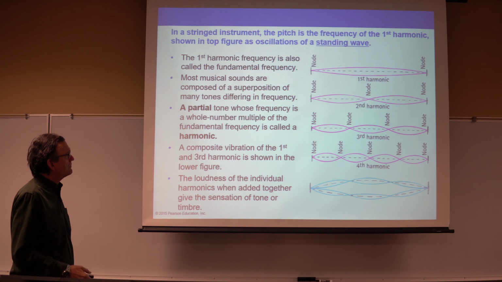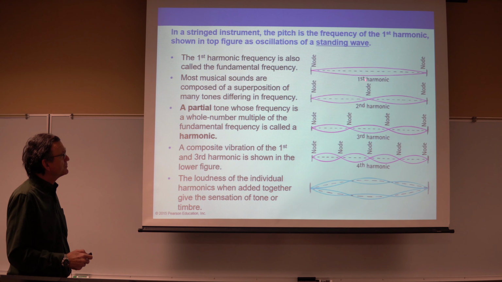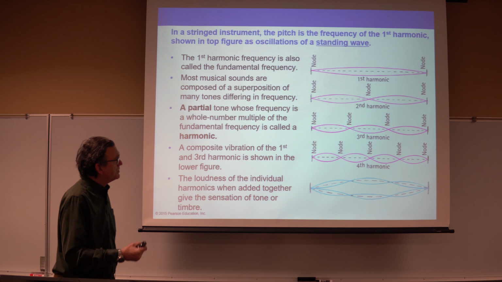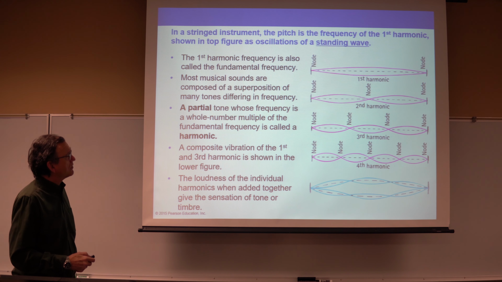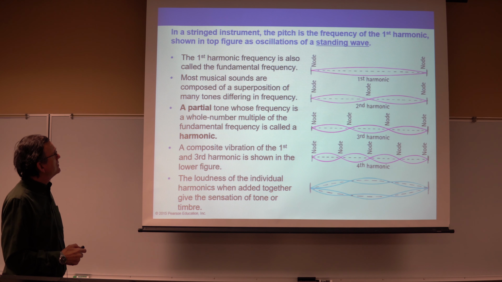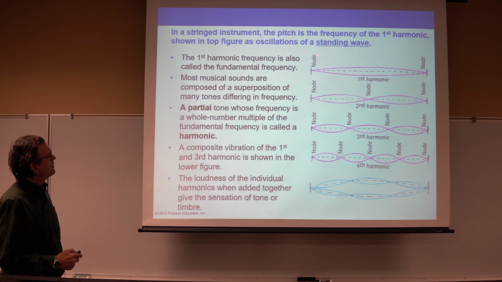The middle of the wave oscillates with the maximum amplitude, and everything else is less, and the nodes, which are the points of zero movement of the string, occur always at the ends. We call this first harmonic of a string instrument the fundamental frequency.